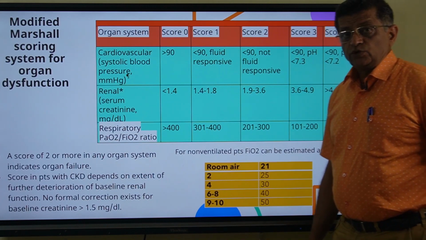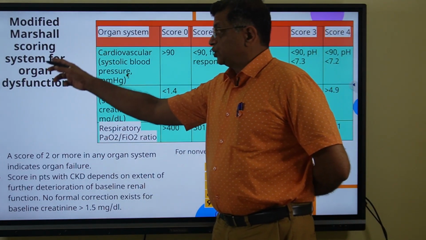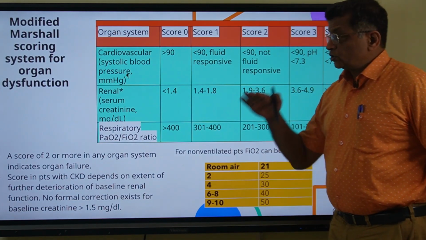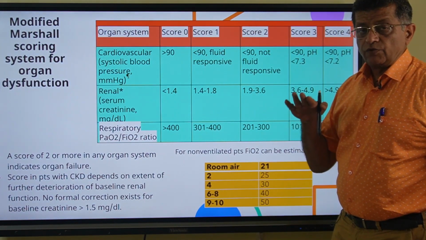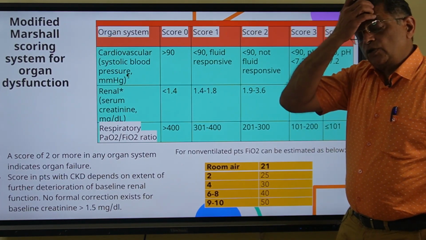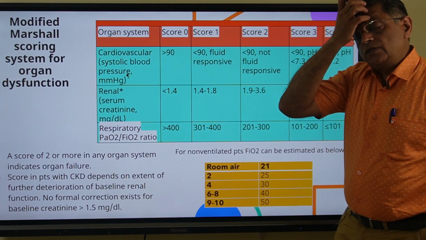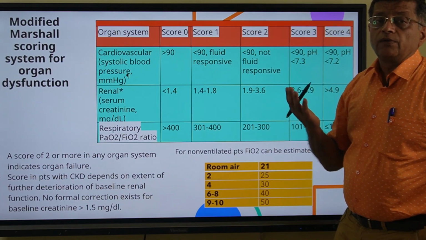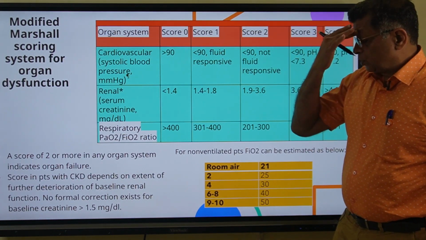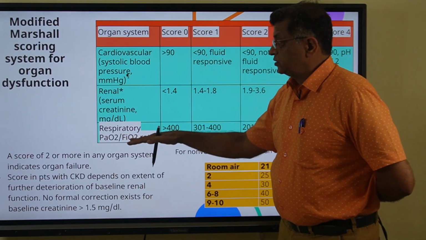The most commonly used nowadays is the modified Marshall scoring system for organ dysfunction. In this, they use 3 different organ systems. As you have already seen in the revised Atlanta classification, if there is an organ dysfunction, then the patient becomes moderately severe or severe acute pancreatitis. So we use 3 systems in this.